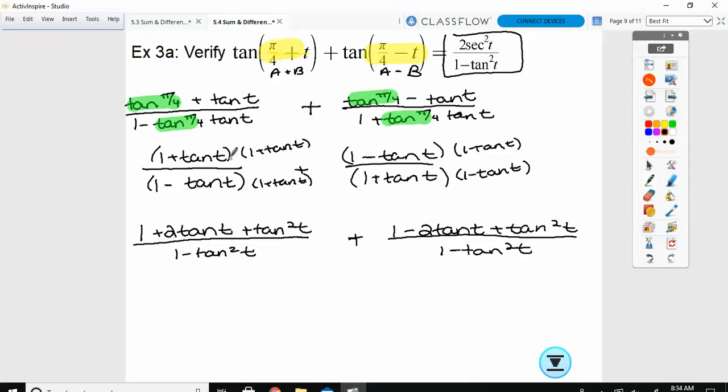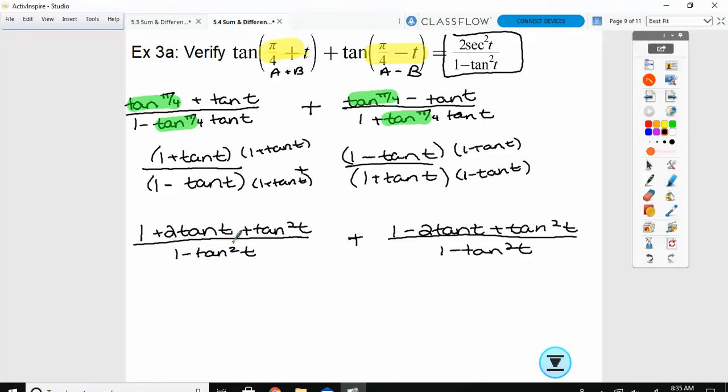So how do you, I always get confused, like when you FOIL it, and the tangent t times tangent t, how's that 2? Okay, let's do this. When we FOIL these, 1 times 1 is 1. 1 times negative tangent t is negative tangent t.